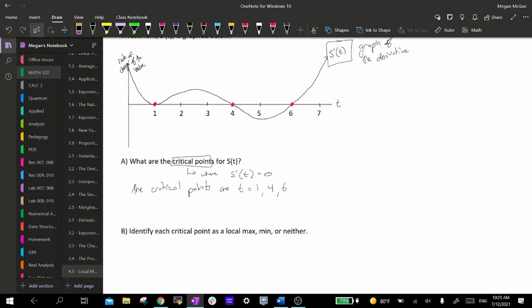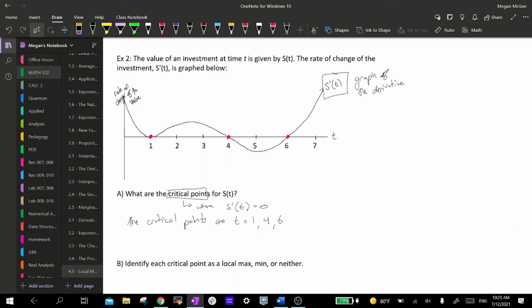So here, a positive derivative means we are above the t-axis, right? So on the left-hand side of 1, we are above the axis, so we are positive. To the right of 1, we are also above the t-axis. So we are positive on both sides of the first critical point.